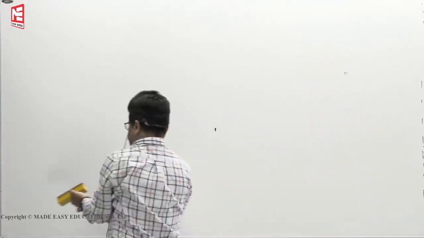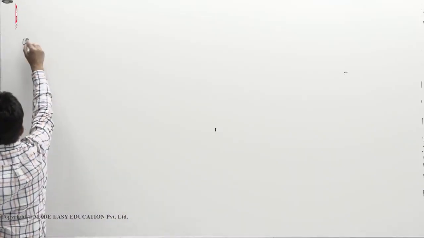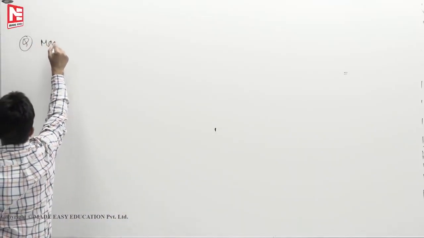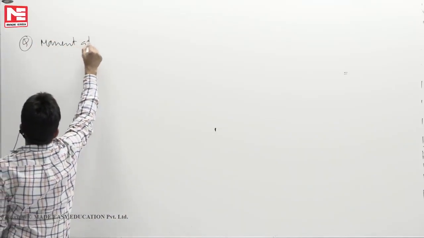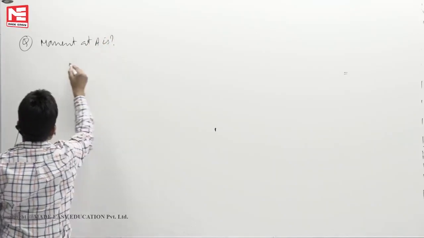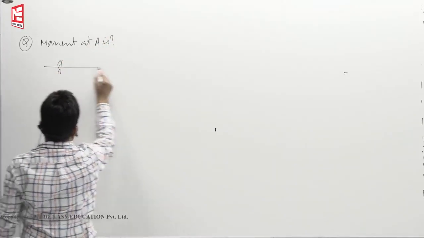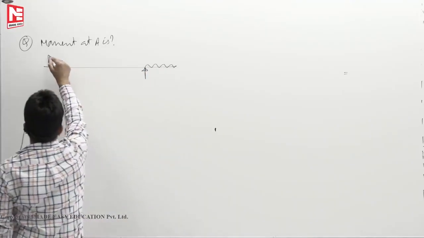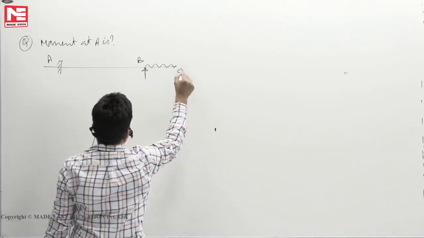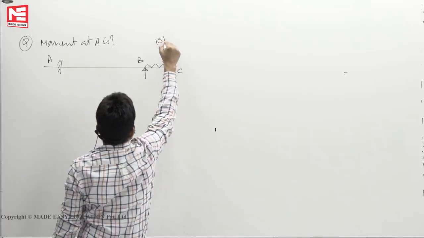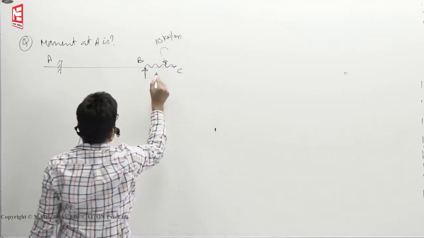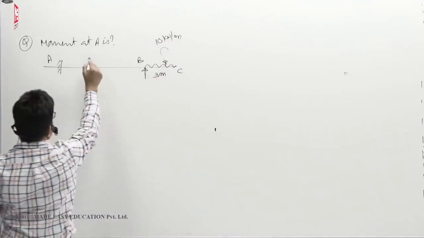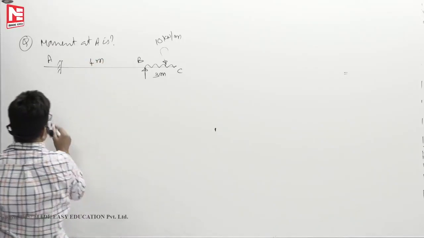In one paper they kept UDL. Moment at A is... This point, let us say A, B, C. This is 10 kilonewtons per meter. This is 3 meters, let us say 4 meters.